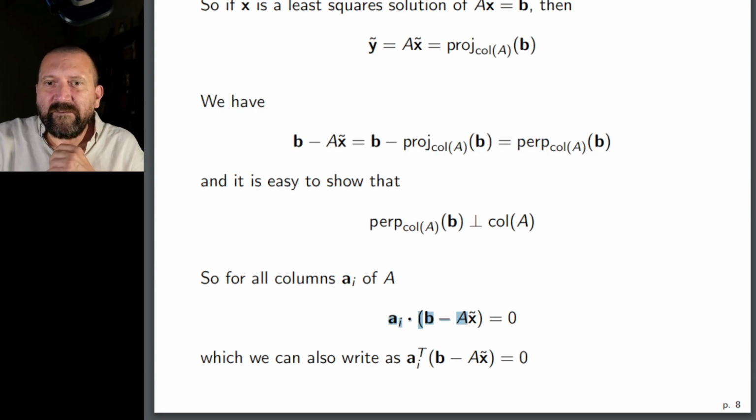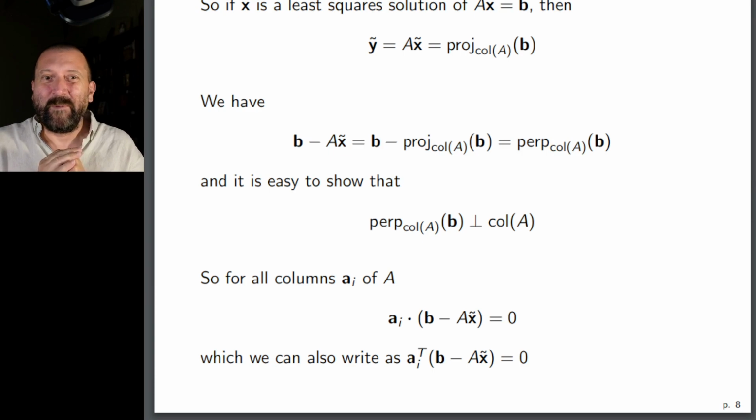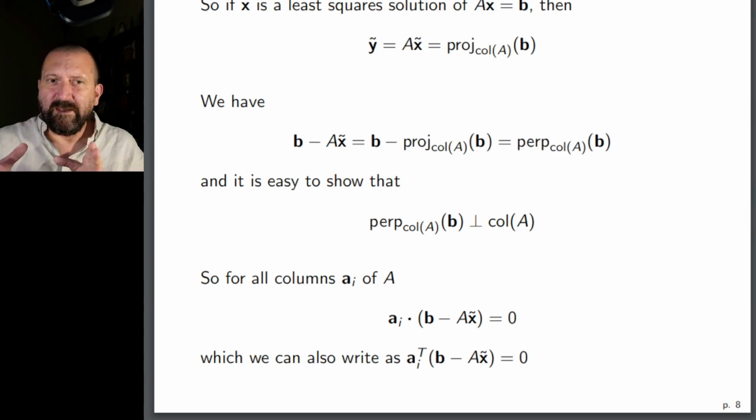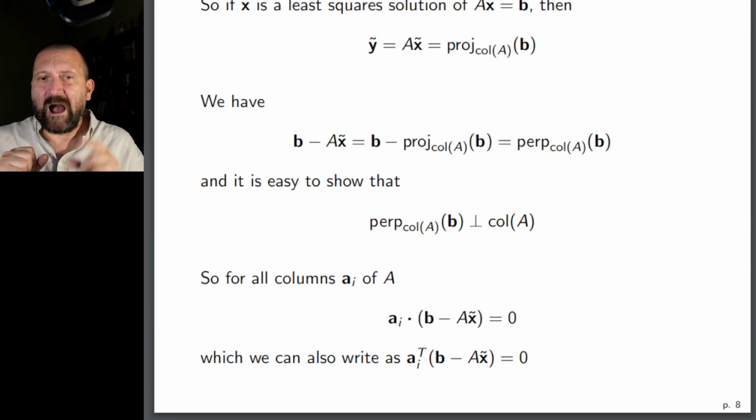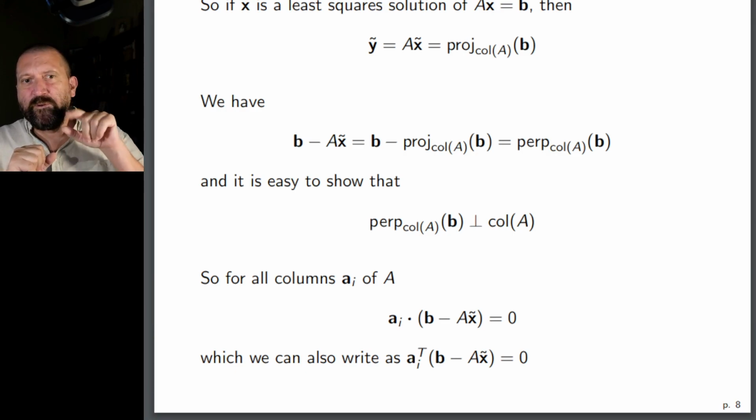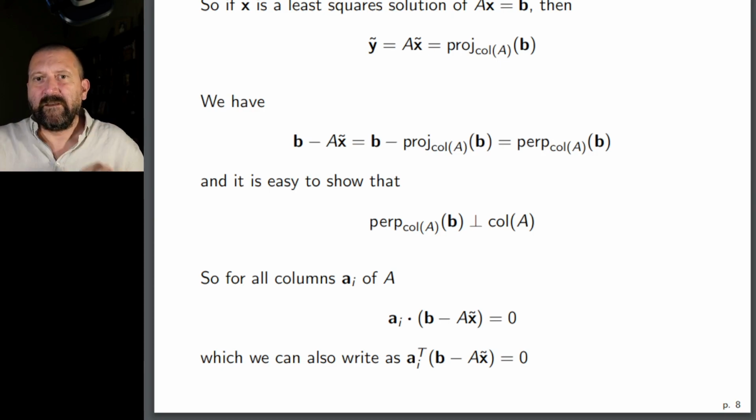And I think I mentioned in the review that the dot product of the vectors u and v is the same thing as the product of u transpose and v. And this is what we're doing here. A_i dot B minus AX tilde is equivalent to A_i transpose times it.